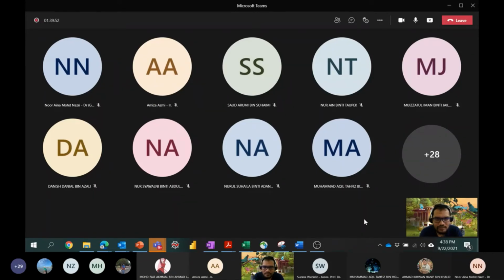This is all in one batch, yeah. Because in UTP we typically have two batches overlapping in one course. Most of them are final year students.